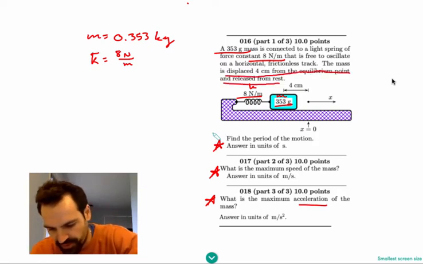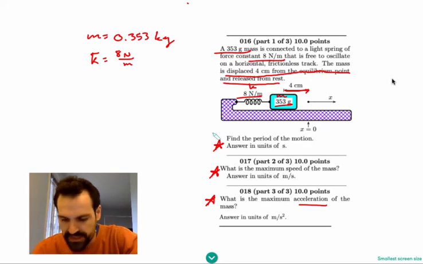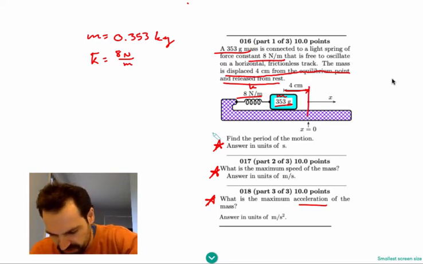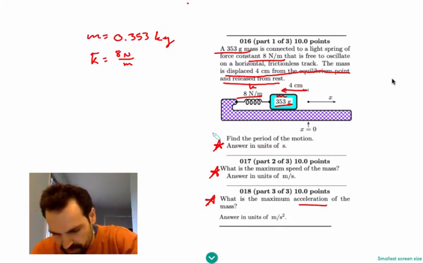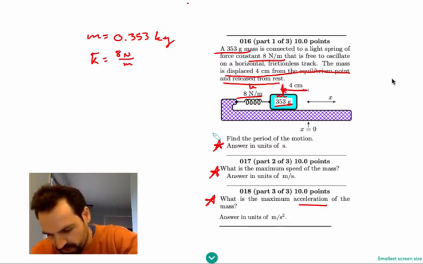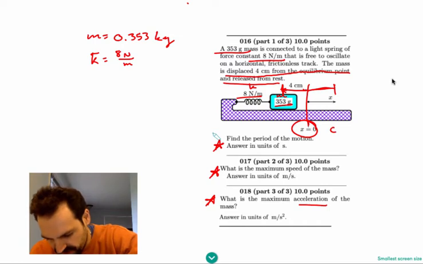So if they pull it back 4 centimeters and then release it, they pulled it to the left, released it from here. This is where x equals 0, so it's oscillating back and forth. This is position C, B, and A. Minimum, maximum, equilibrium point.